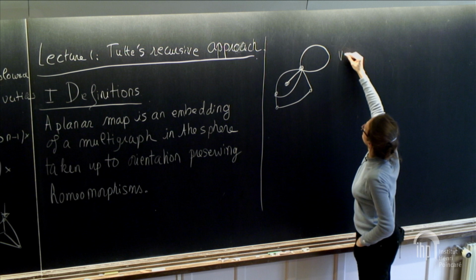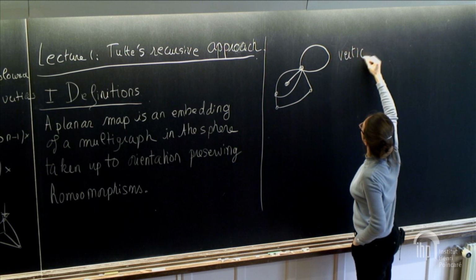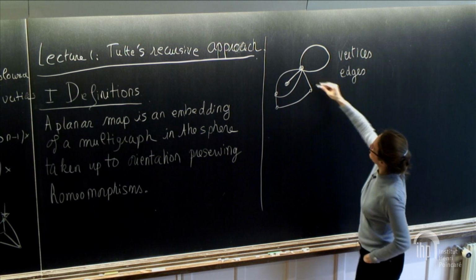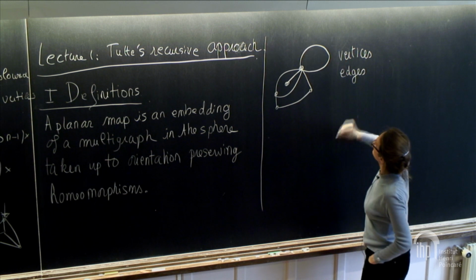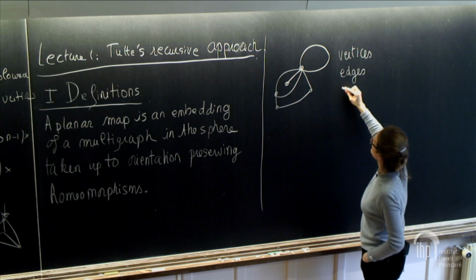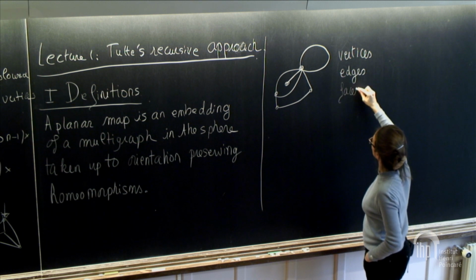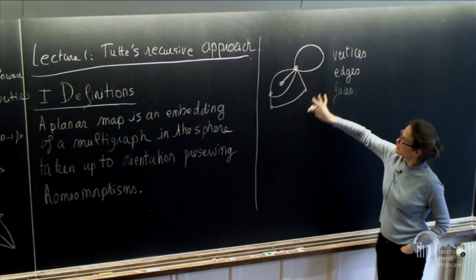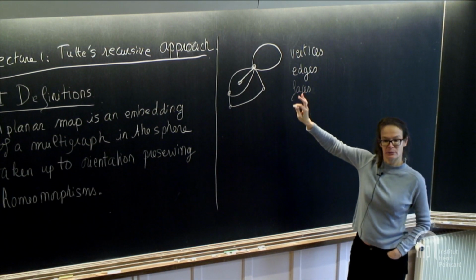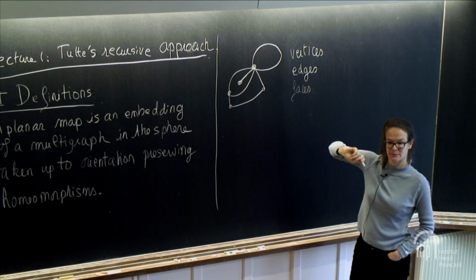As in a graph, we have the vertices, we have the edges, which, as I said, can be loops. And we have something that graphs do not have, namely the faces, which are the connected components of the sphere that you get when you erase vertices and edges.